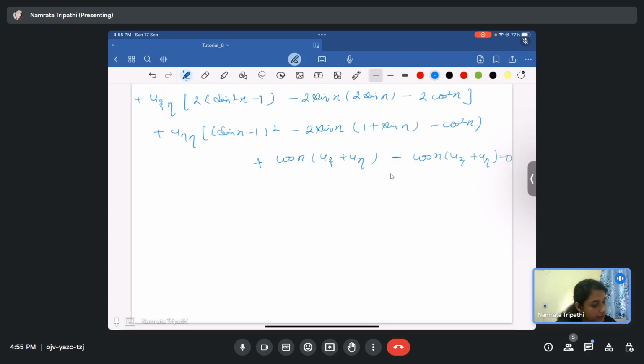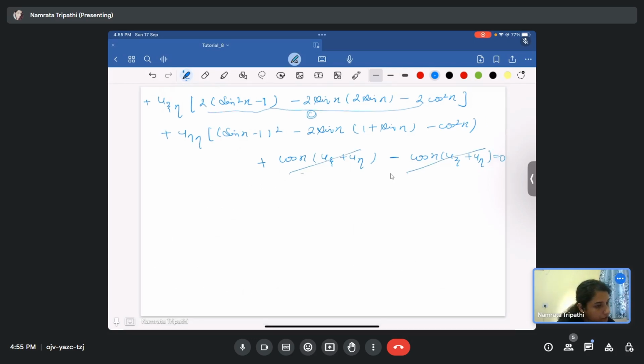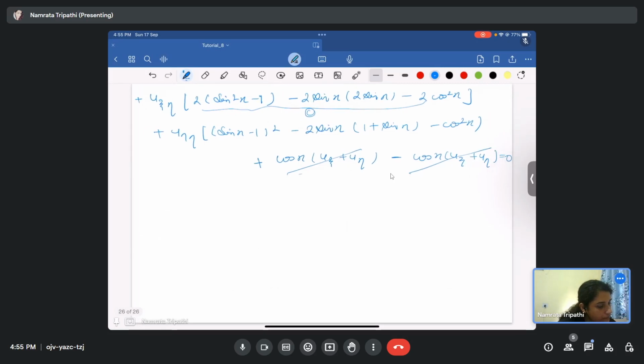You can calculate, then you will get the bracket term will become 0, and this will cancel out. After calculating, the first term will become 0.